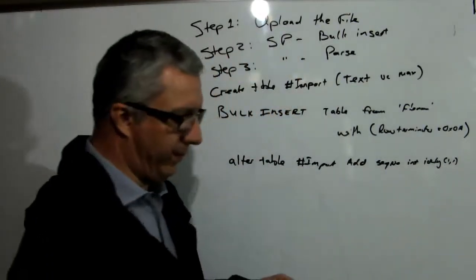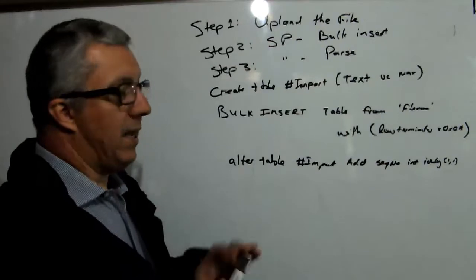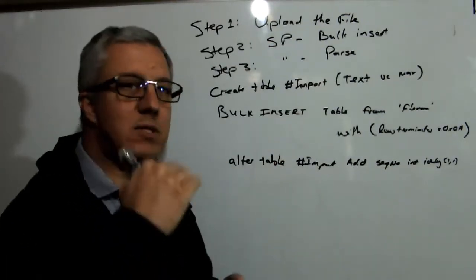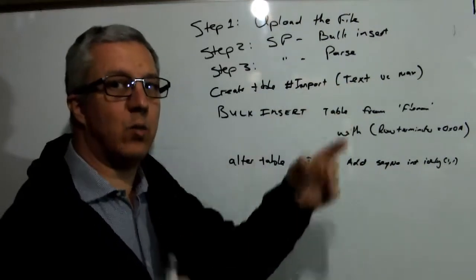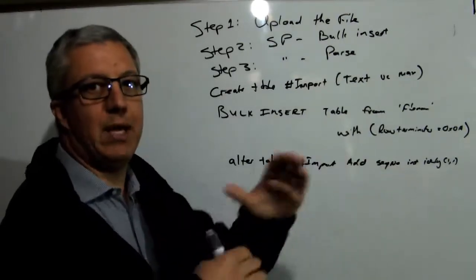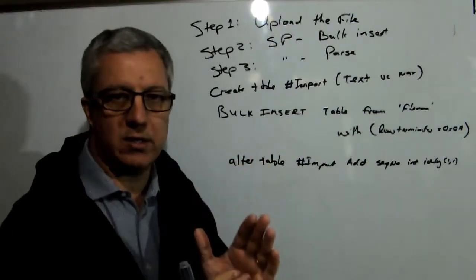Don't make it a primary key. Okay, so I can add a sequence number field in. SQL will be clever enough to add the sequence number in the same sequence that the text lines were actually imported into the file, so it won't screw it up. So as you add the sequence number, it will make sure that the first line is number 1, second line is number 2, third line is number 3.